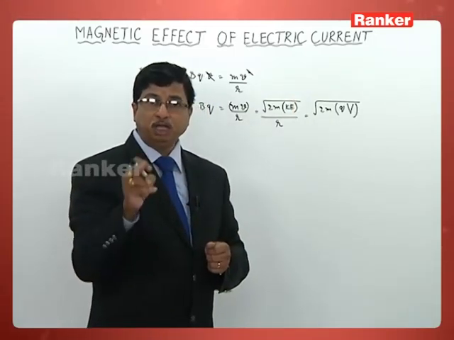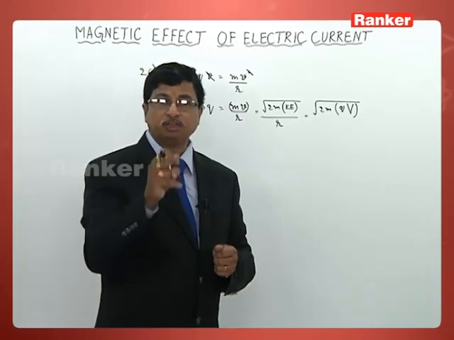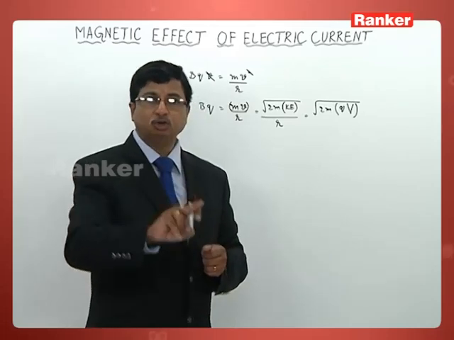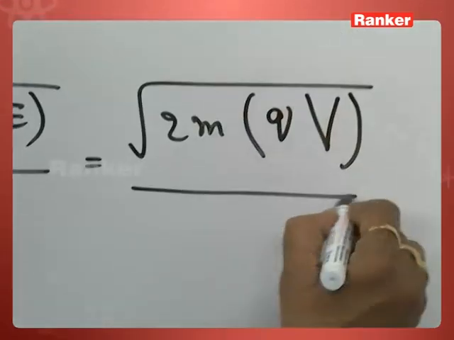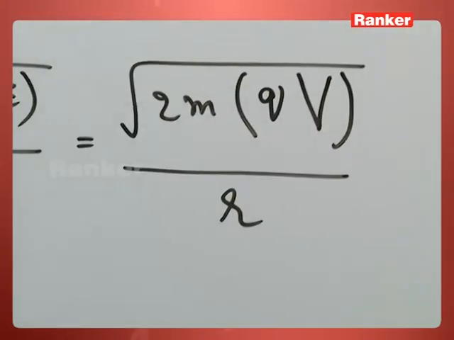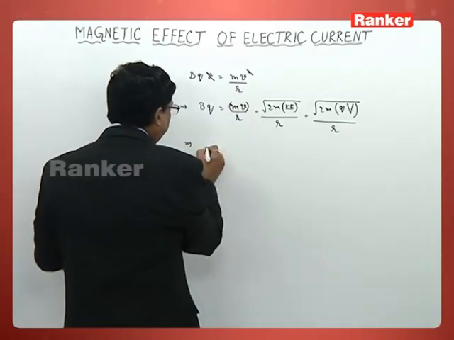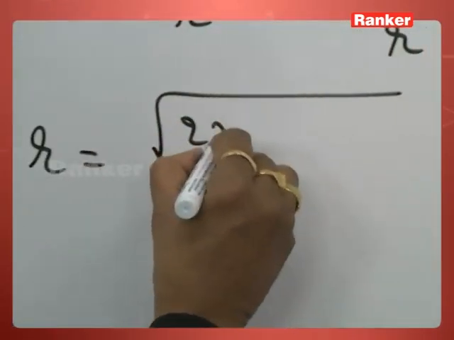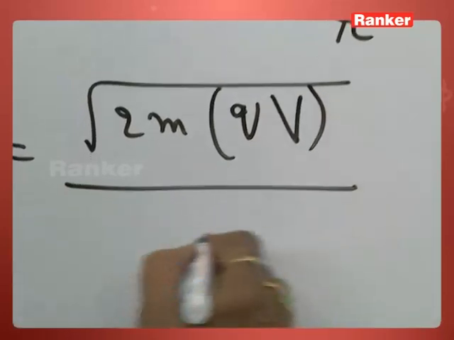Energy gained by a particle entering an external field having a potential difference capital V can be written as QV, divided by the radius. So I can now write the formula for radius: root of 2m into QV by BQ.